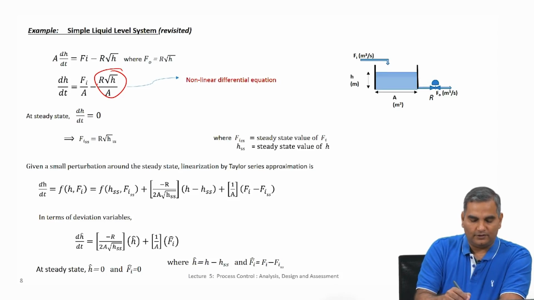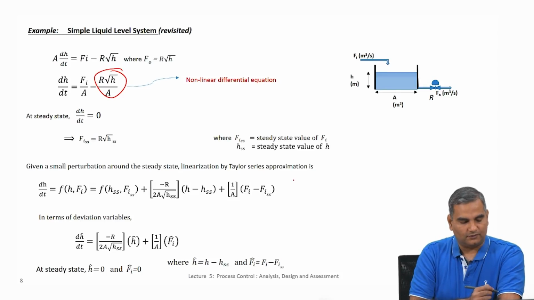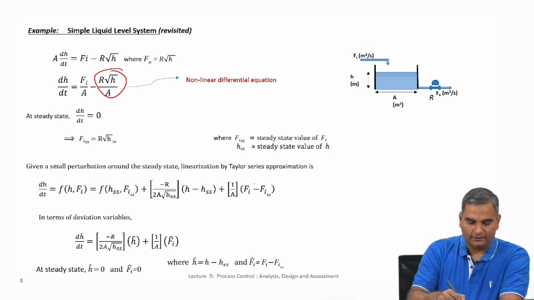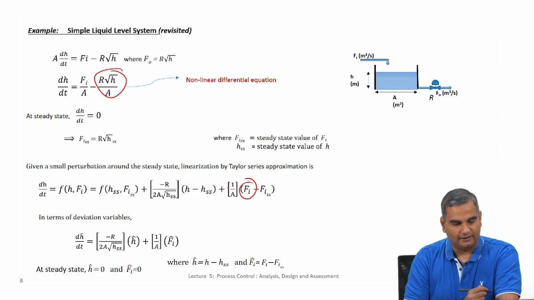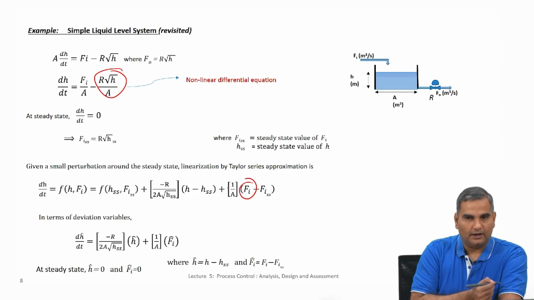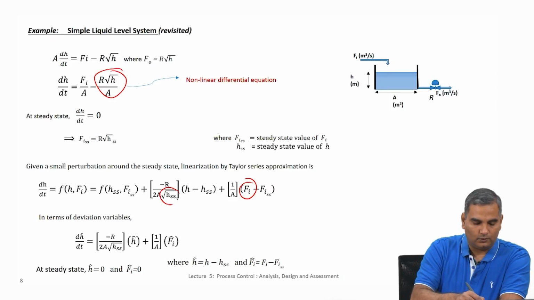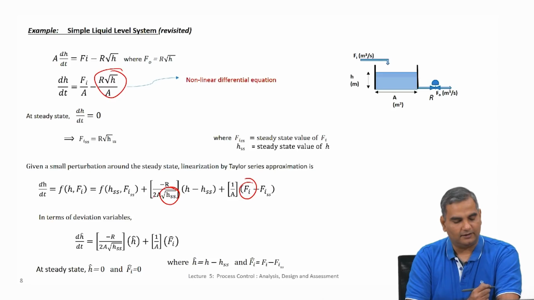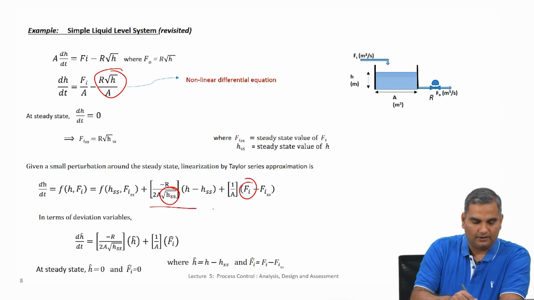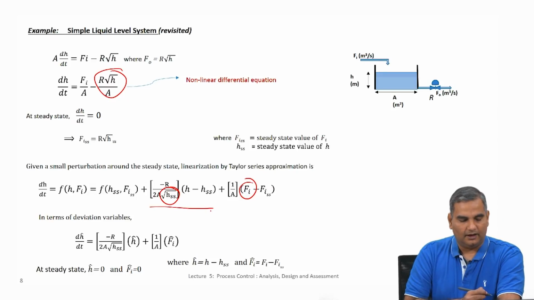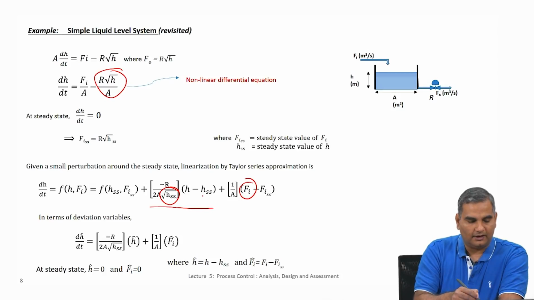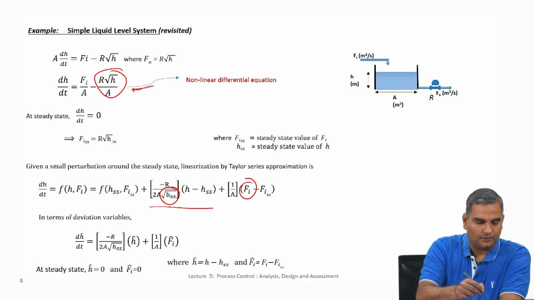If you do a very simple Taylor series approximation, the first function fi remains the same because that is already in a linear form. Root h is the only nonlinear term. You notice that I get a root h in the denominator here. This comes out of the Taylor series approximation.